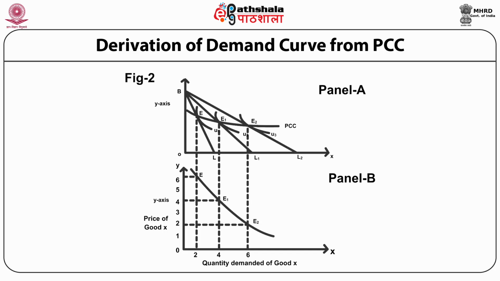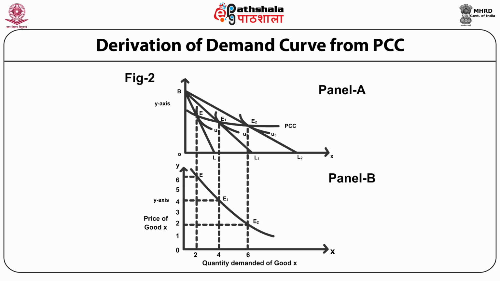So we can see that at point E, 2 units of good X are consumed, at point E1, 4 units, and at E2, 6 units of good X are demanded. Corresponding to points E, E1 and E2 on the vertical axis, the price is rupees 6, rupees 4 and rupees 2 respectively.